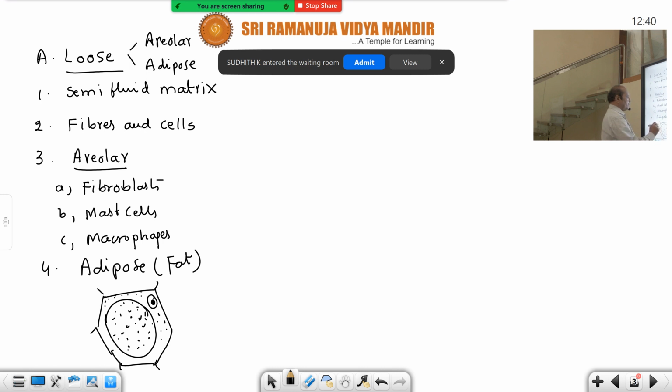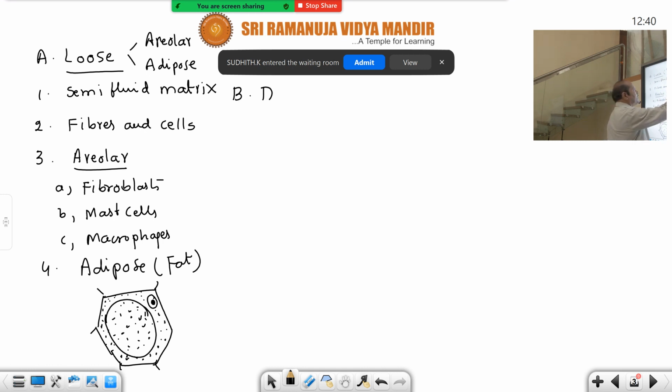You remember this cell: plasma membrane, cytoplasm, fat droplet, and the eccentric nucleus. When the nucleus is pushed aside, it is an eccentric nucleus. You can also see it in the life cycle of plasmodium, the specially appearing stage called signet ring stage. Okay, these are the loose connective tissues.